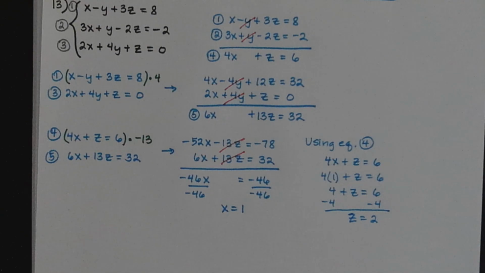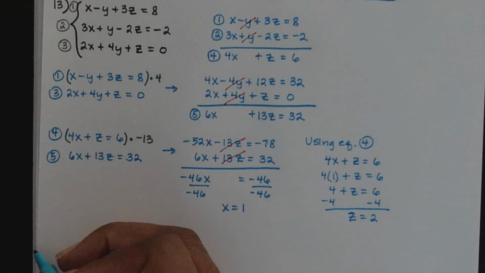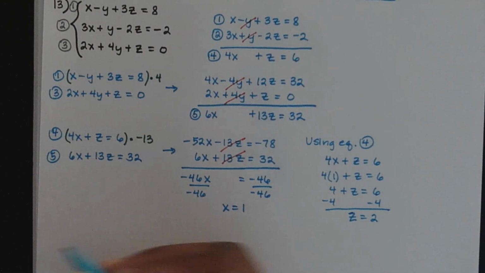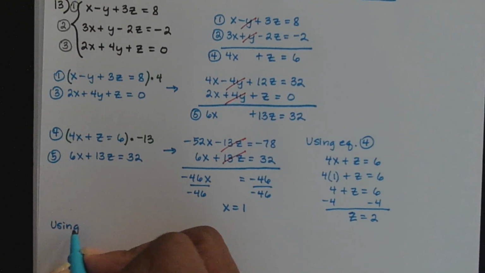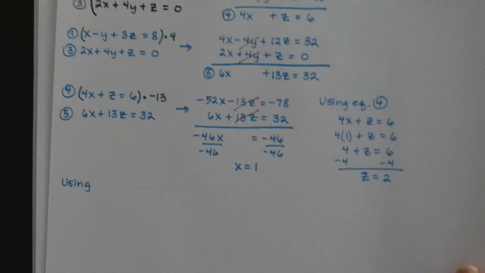Now we need to use one of the 3 original equations that we started off with to find out what y is. Okay. Let's use equation 2, because in equation 1, it has that minus sign in front of the y.